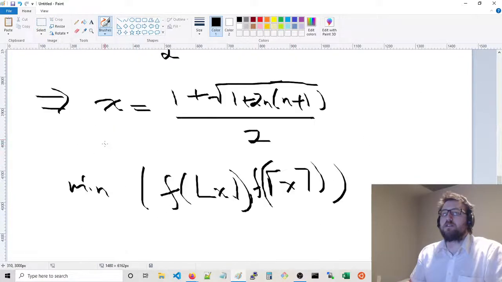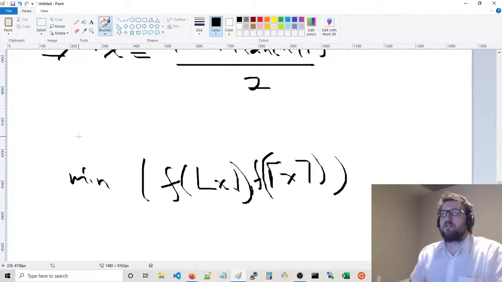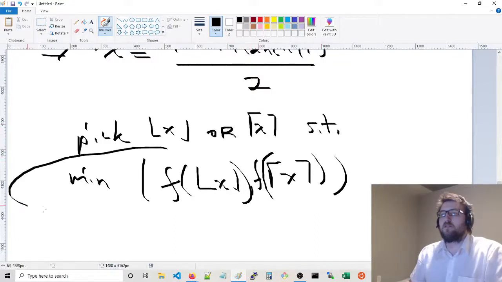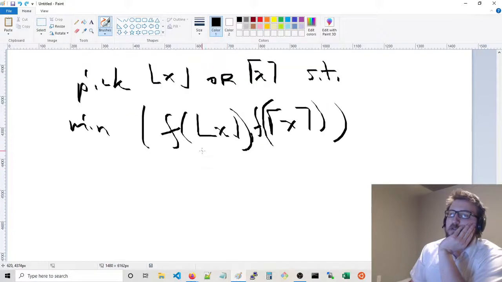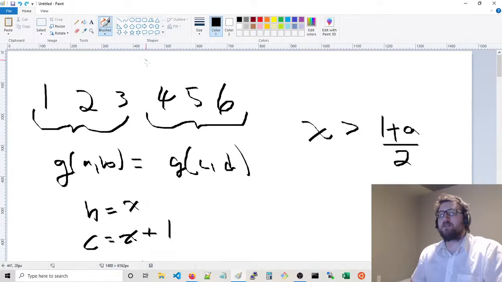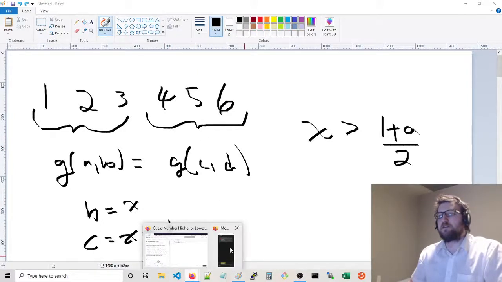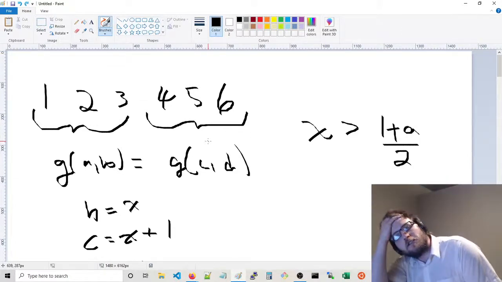That's what you pick for x. Yeah, but basically, you would have a little bit of logic in there to pick between these x values depending on which one of these is smaller or is closer to 0, the absolute value of that function. And so that's how you would select the next element.